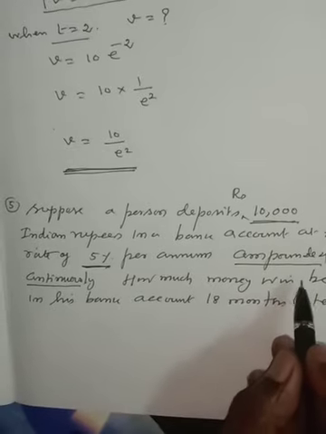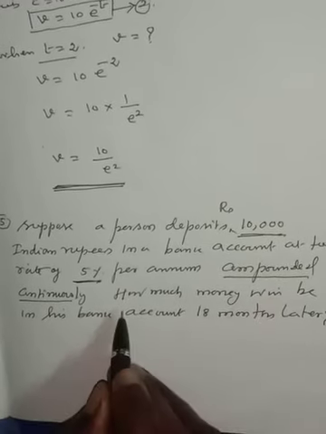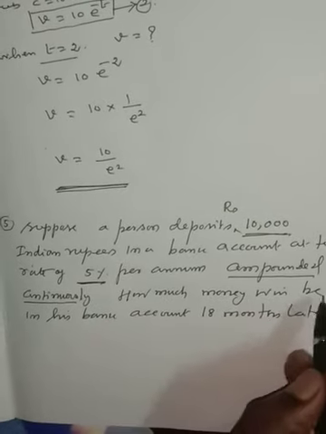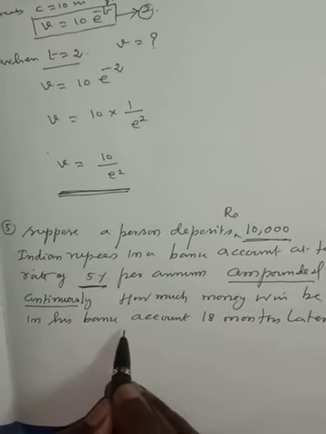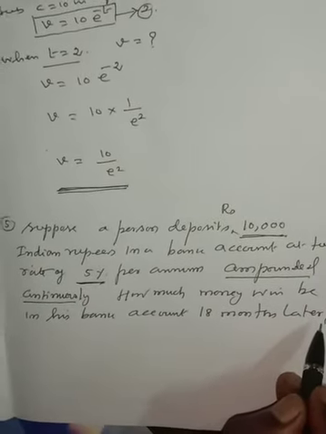So we have to take compound interest given by the bank. How much money will be in his bank account 18 months later? 18 months means 1.5 years.